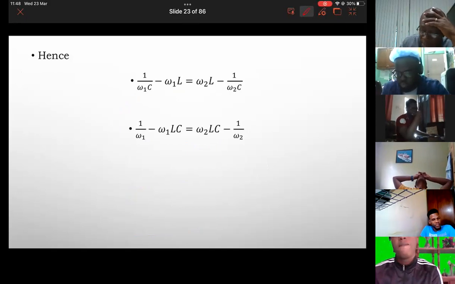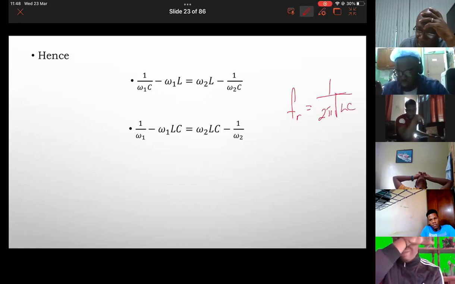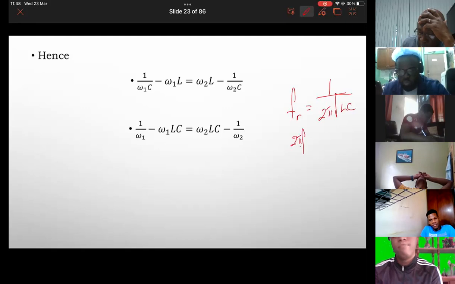Remember that FR, we said FR was equal to 1 over 2 pi times the square root of LC. Yes? So if I multiply across, I get 2 pi FR, which we now know is equal to omega R. And if I square this, that would be equal to 1 over LC.